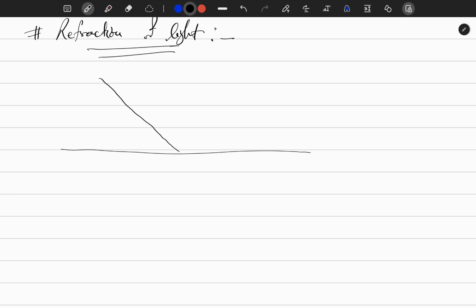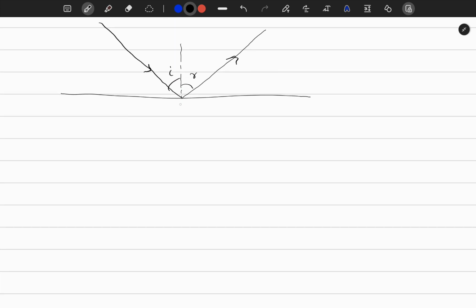So the incident ray is coming, and some part of it is reflected. This is the normal, this is the angle of incidence, this is the angle of reflection, and part of it enters the second medium with angle r dash, which is called the angle of refraction.